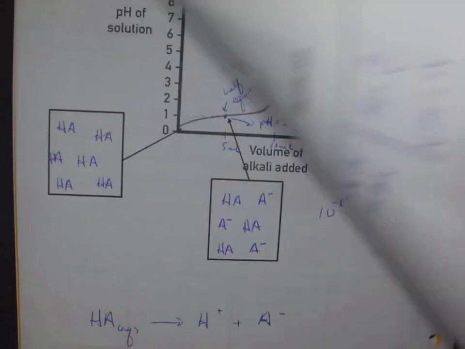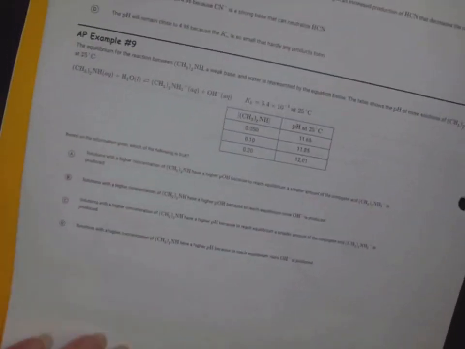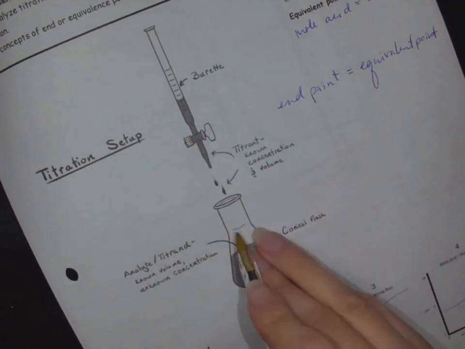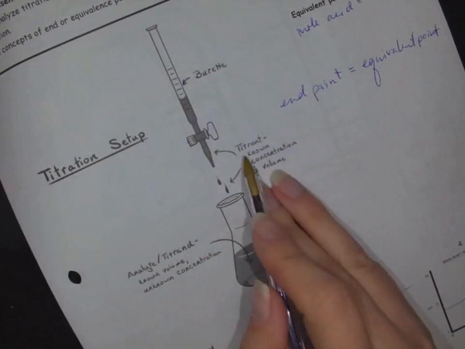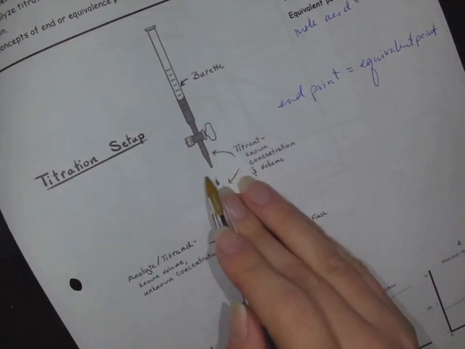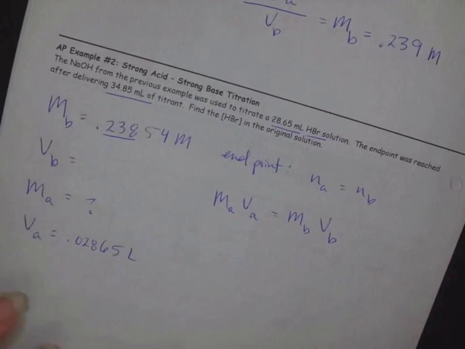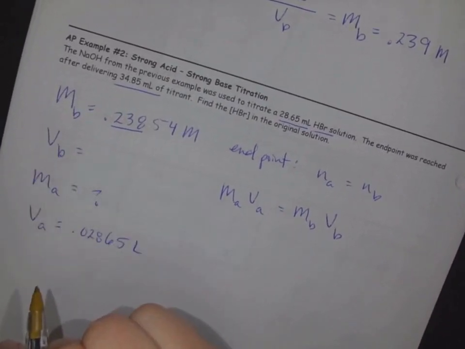And I can see this vocab, titrant. What is doing the titrating, not what's being titrated. What's doing the titrating is what is in the burette, which was the base for this one.